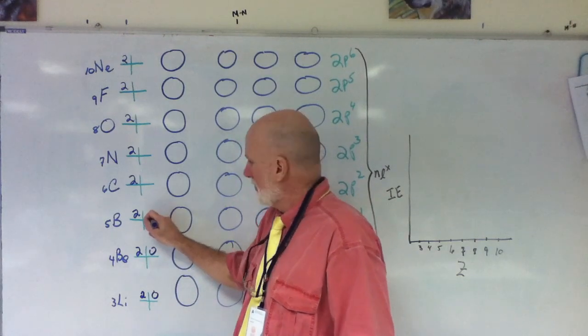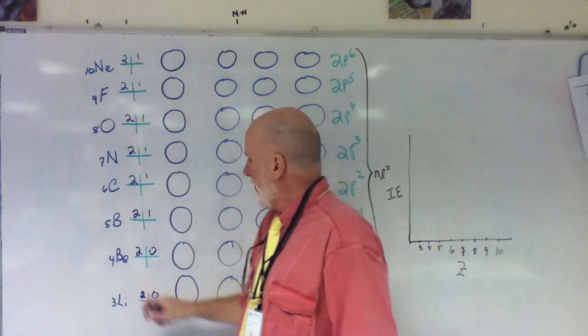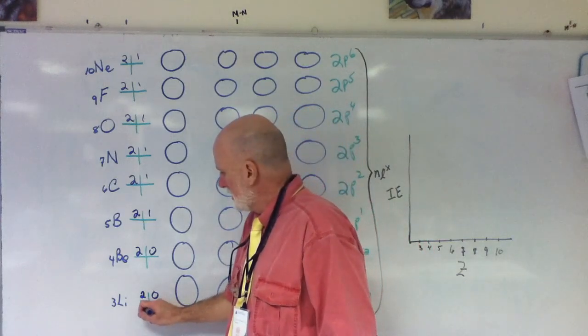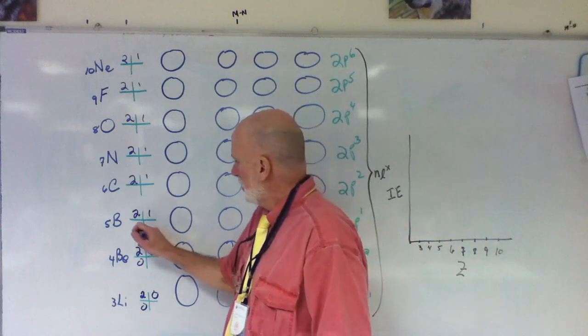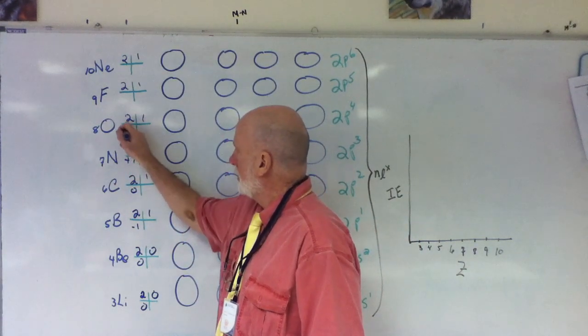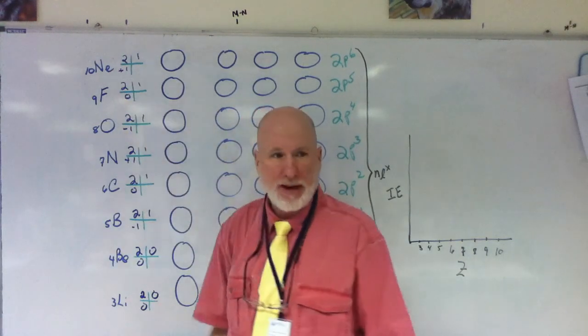For p, it's going to be 1. And for m, it's going to be 0 for s, right? And then for p, -1, 0, +1, -1, 0, +1, right?